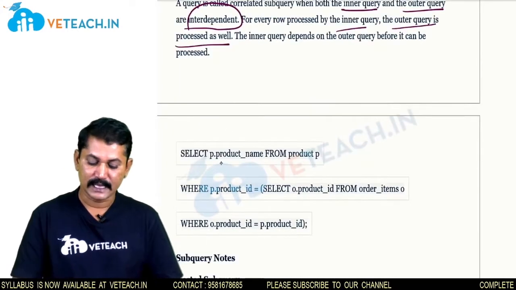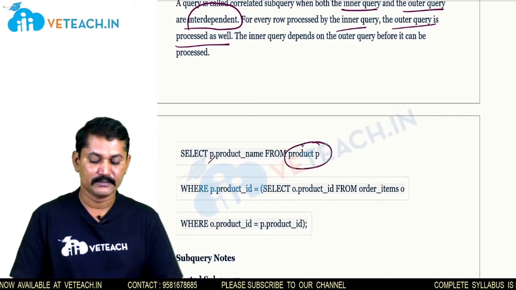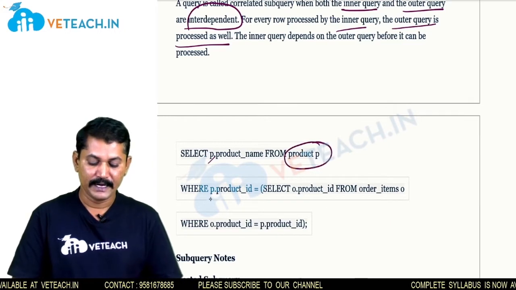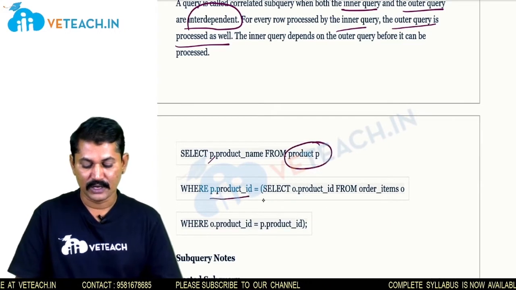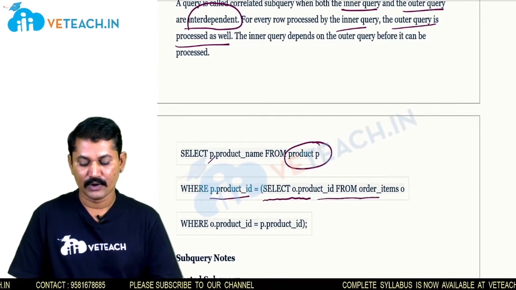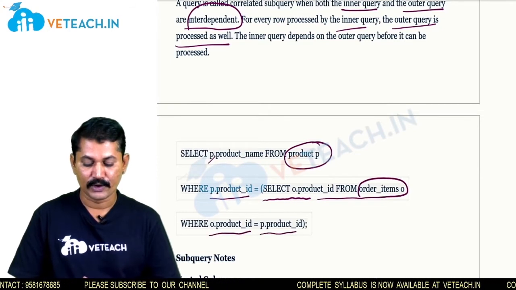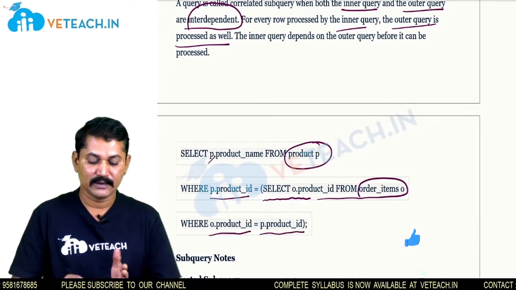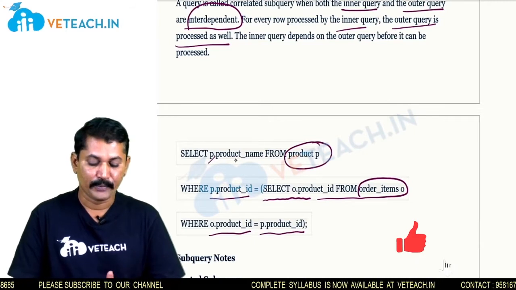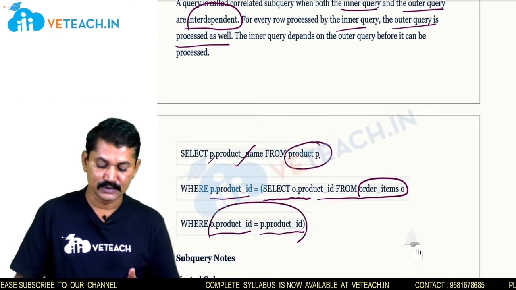See this one, select product name, that means p dot product name from product p. This is the table where p dot product ID is equal to, now we are checking the condition, select o dot product ID from order items where order items ID is equal to product ID. To extract the values, that means to select the product name from the product p table, this condition has to be satisfied.